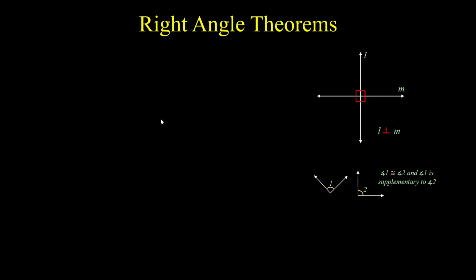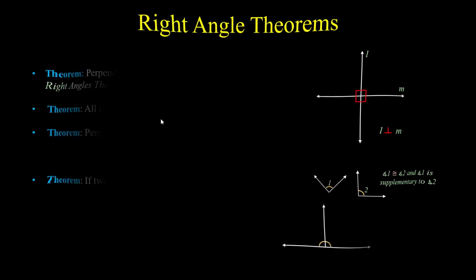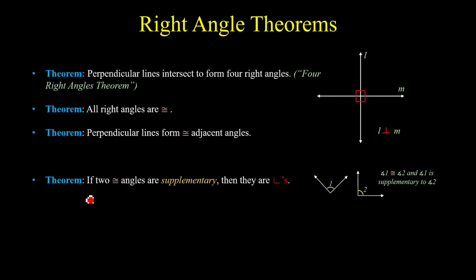And then we have 2 additional theorems here. The fourth theorem for the day is this one right here. If 2 congruent angles are supplementary, then they are right angles.